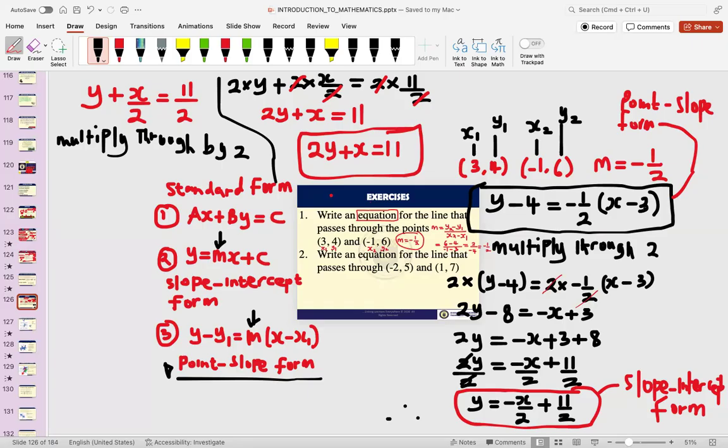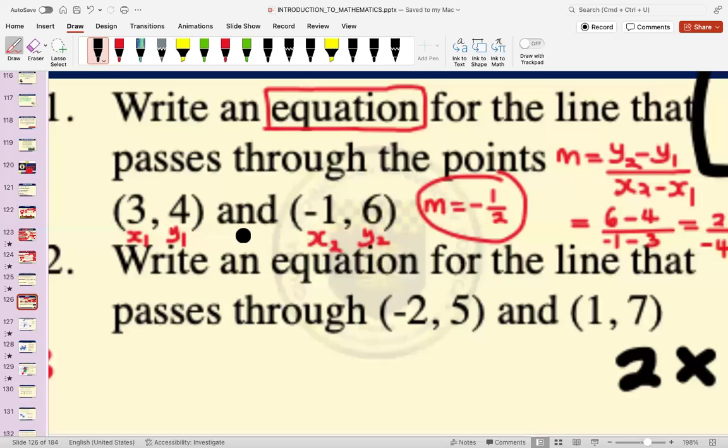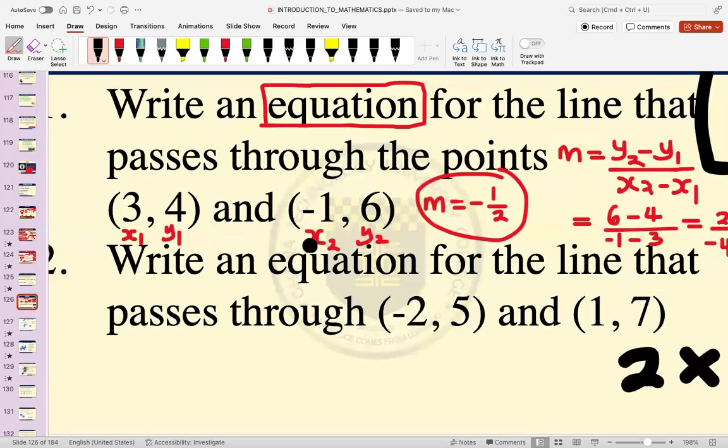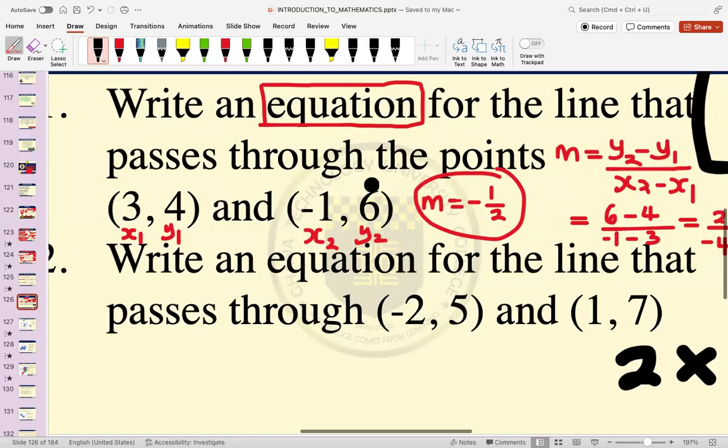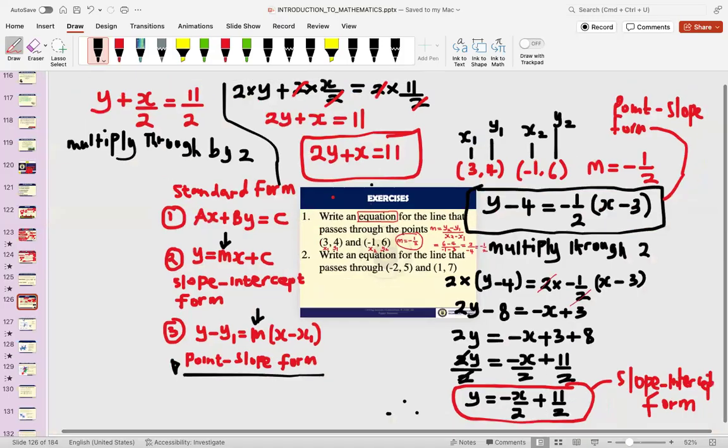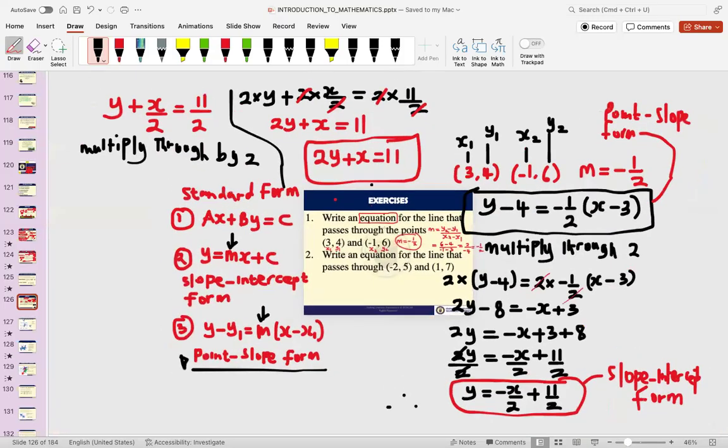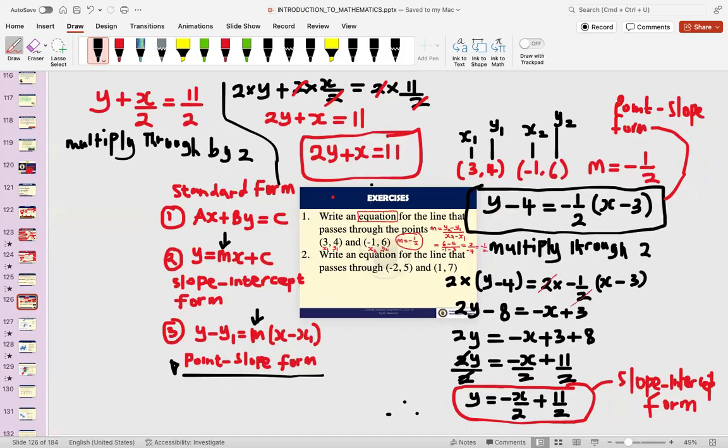So I can ask you this simple question: write an equation in 3 forms, being the standard form, the slope-intercept form, the point slope form, using the points 3, 4, and -1, 6. Very simple question, but the solution can be plenty because you need to change from one form to the other.